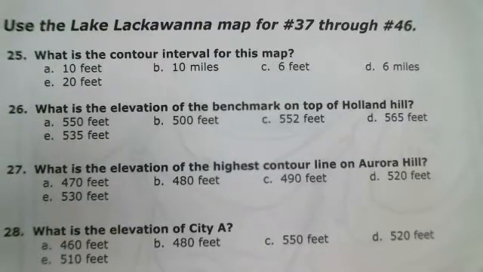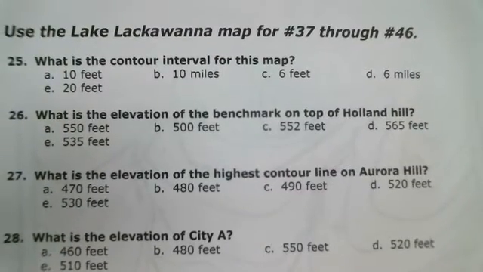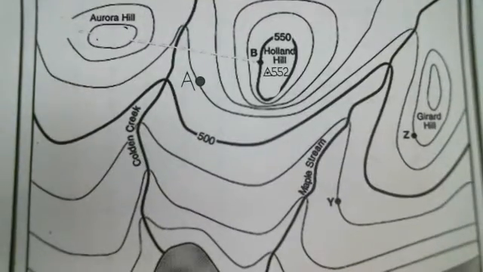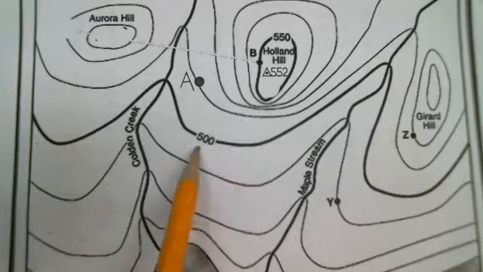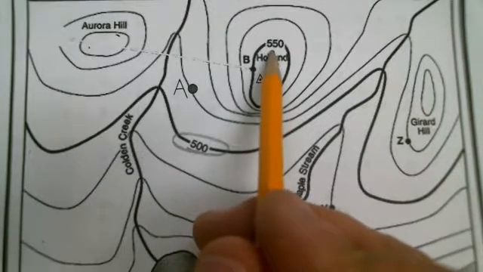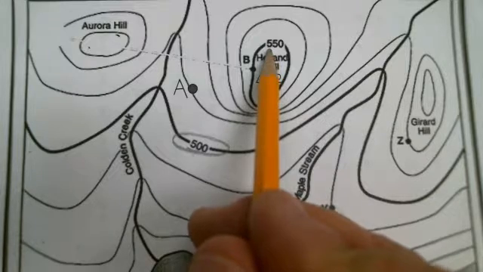Number 24, luster. Luster is how it reflects light, whether it be metallic or non-metallic. Number 25, what is the contour interval of the map? So we have to look at this map here, and we see the lines with numbers on it. Here we have 500, and up here we have 550.